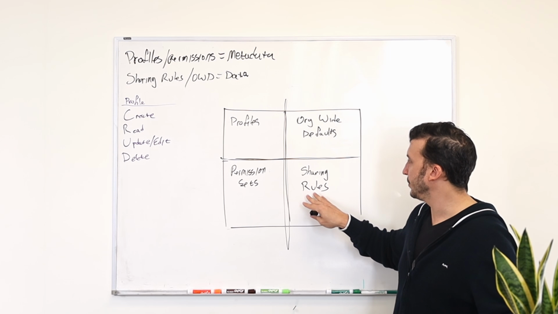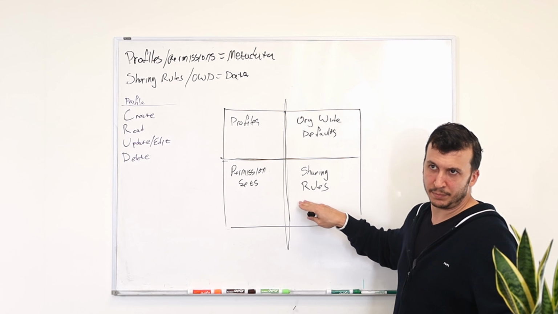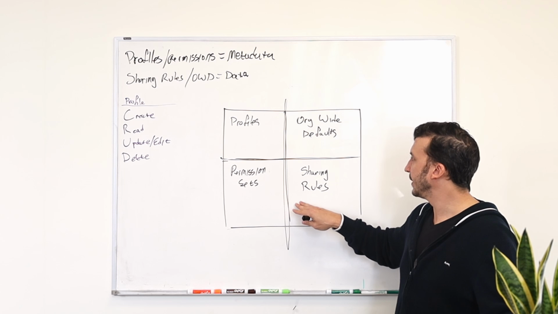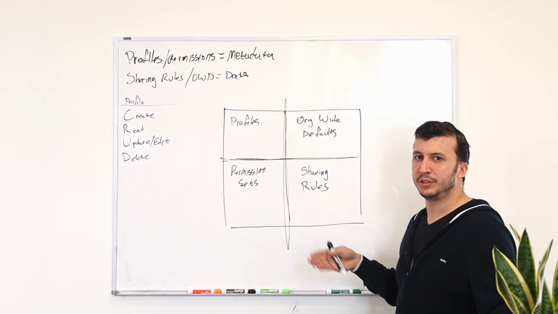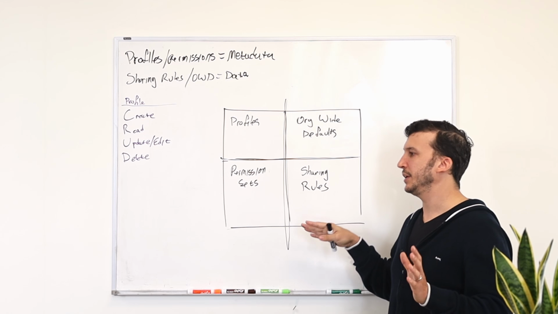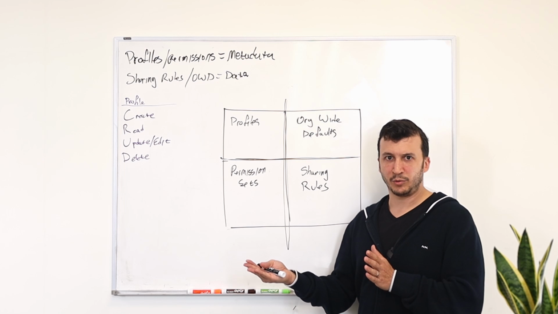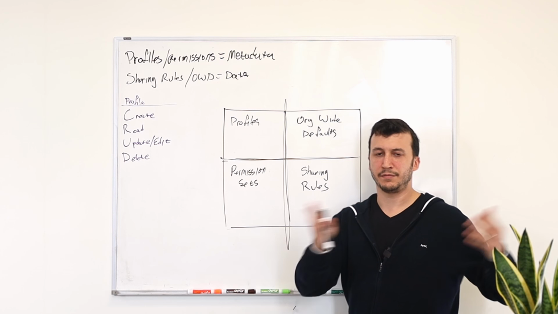And sharing rules can leverage things like roles and public groups in order to open that up. So it's not on a user-by-user basis. It doesn't have to be. But you can basically say, well, if a certain field has a certain value even on the record, then extend sharing to the following people.